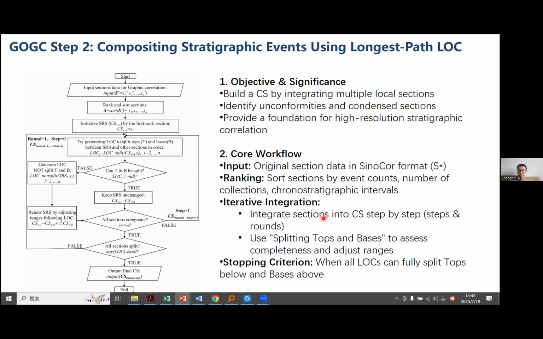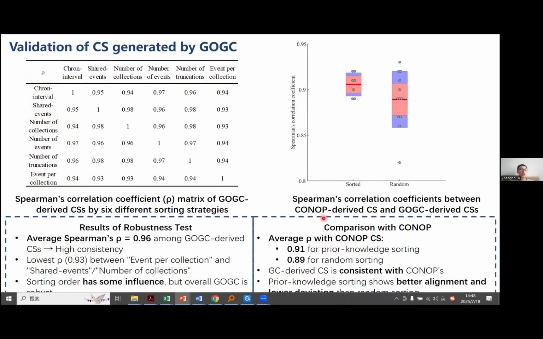Here we did a validation of our generated composite standard. First, we tested its robustness to the sorting strategies, where we generated 6 composite standards based on 6 different sorting rules. The final result shows that they are very highly correlated with each other, with an average correlation coefficient higher than 0.96. So overall the GOGC is robust to the sorting order, although sometimes there would be slight influence.